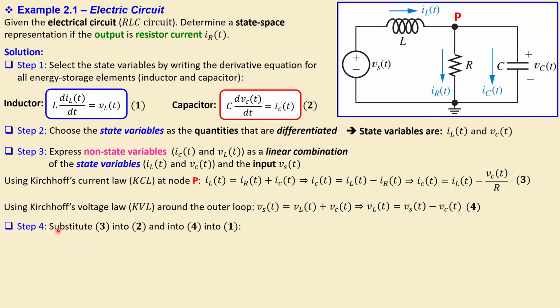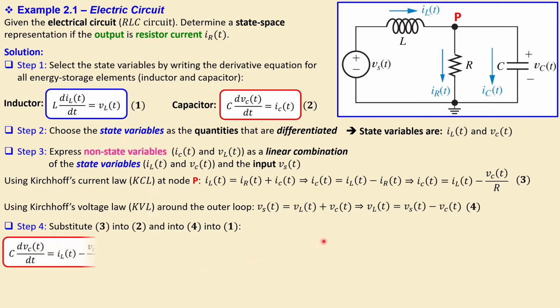We need to have 2 first order differential equations, because we have 2 energy storage elements, so a second order system, and we need to make from the one second order system 2 first order differential equation expressions. That's the whole business. In order to do that, we can substitute 3 in 2, because you can see IC is going here, and we can substitute 4 in 1.